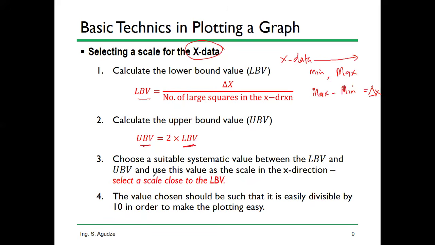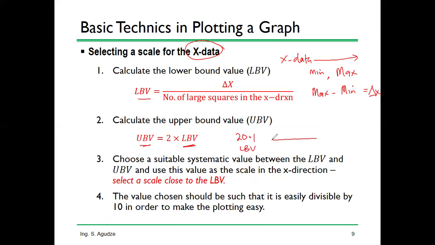Then choose a systematic value between the LBV and UBV and use this value as the scale in the X direction. Let's say we calculated and had a lower bound value of 20.1.